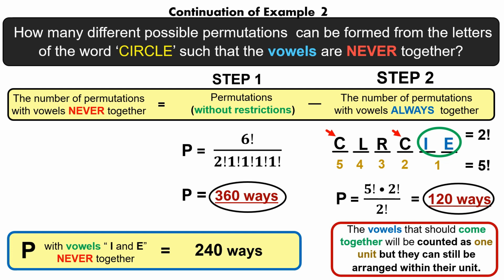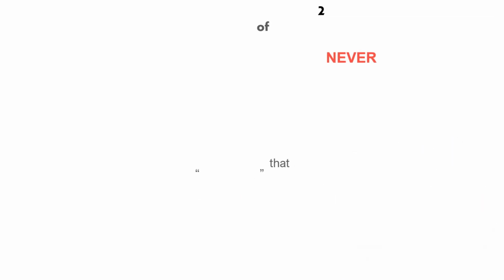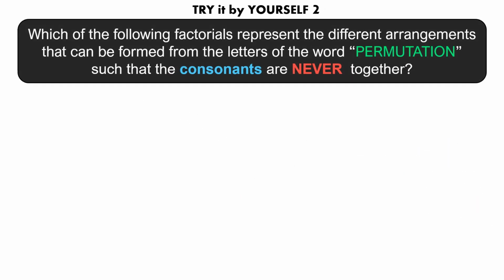Now, let us try it by yourself once again. Let's check if you can answer the next permutation problem similar to this problem situation. Which of the following factorials represent the different arrangements that can be formed from the letters of the word permutation, such that the consonants are never together?